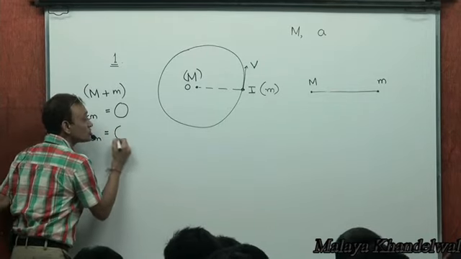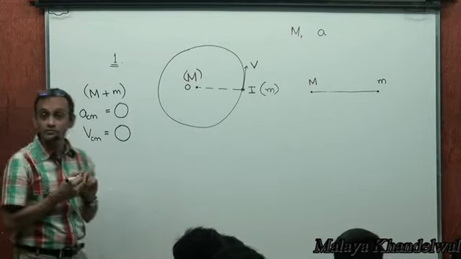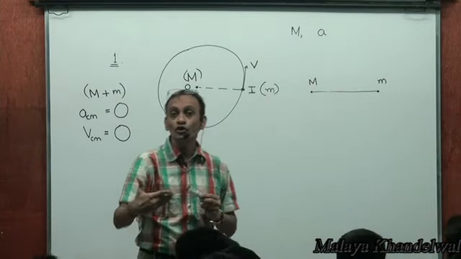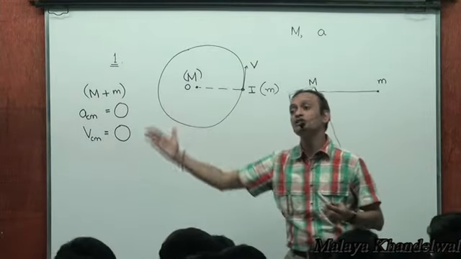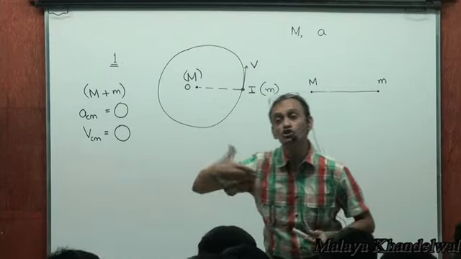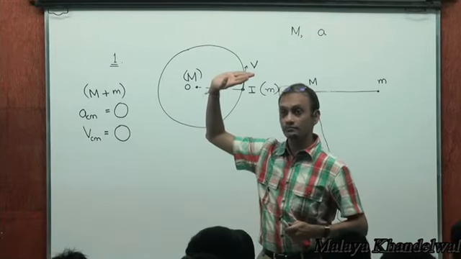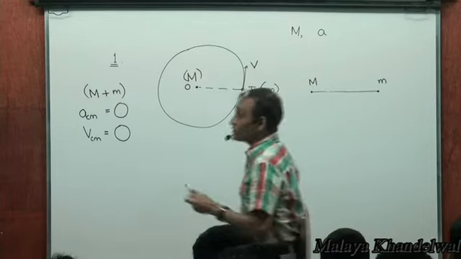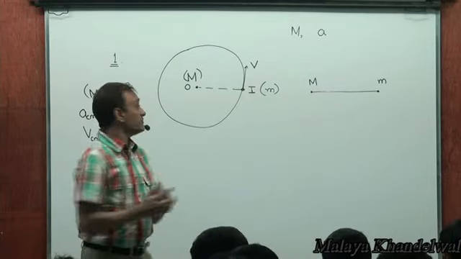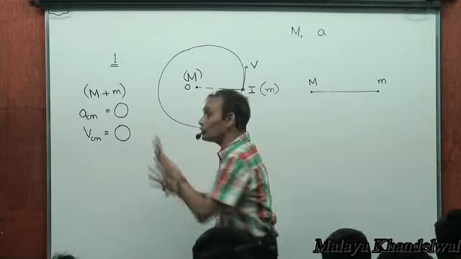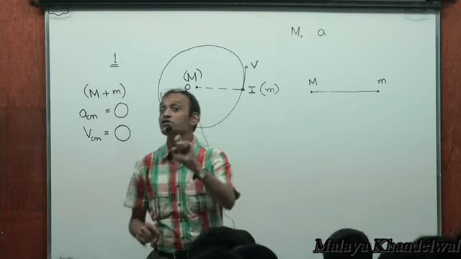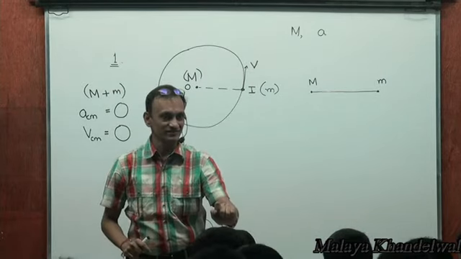So it remains 0 at all times. Right? That means even though capital M and small m both would be moving, their center of mass will not be moving.